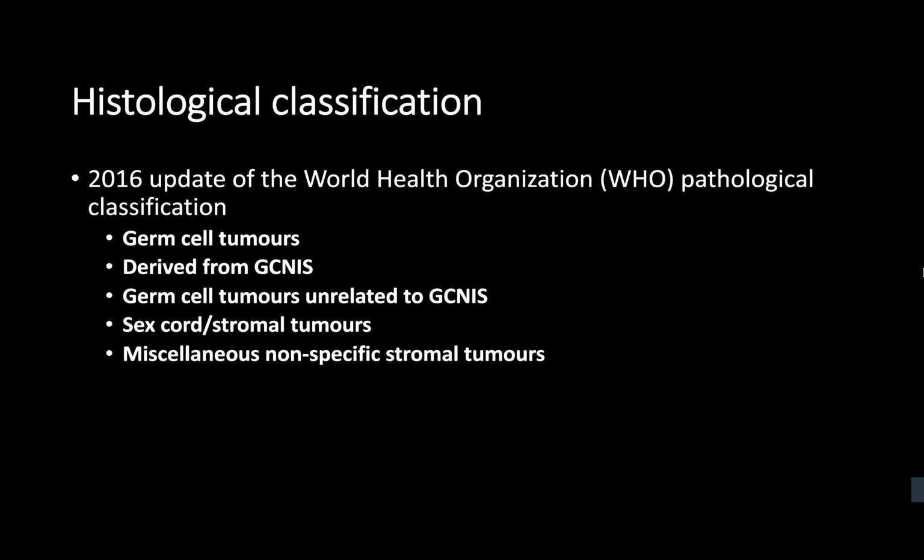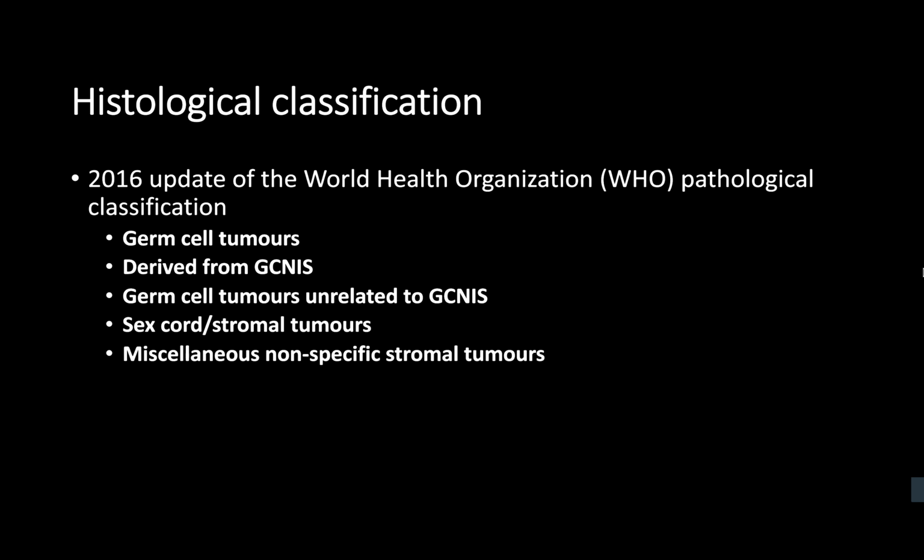The other, non-germ cell cancers include the sex-cord stromal tumors, which are Leydig cell tumor, Sertoli cell tumor, granulosa cell tumor, or mixed type, and then the rare or unusual types of testicular cancer. All right. I'll slightly change that answer because according to the updated 2016 WHO classification, it is tumors derived from GCNIS, tumors not derived from GCNIS, sex-cord stromal tumors, and the miscellaneous tumors.